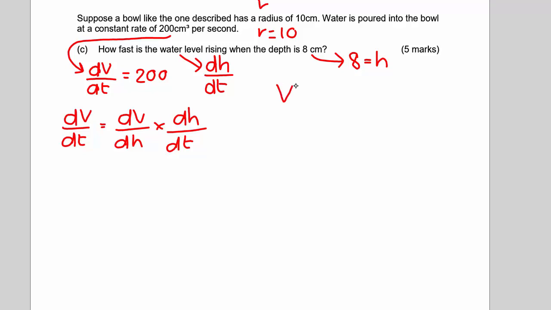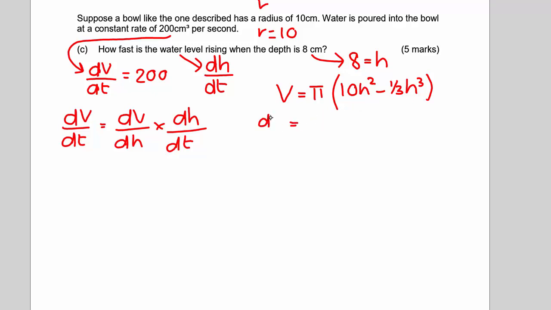So we know up from above that volume equals pi times h squared r, so that's 10h squared, take away a third h cubed. Sorry, I'm just checking my working as I go.